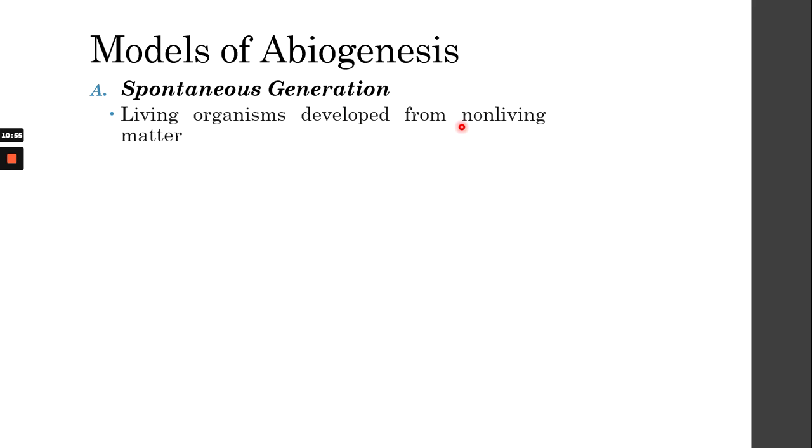So they believed you have a non-living matter there, a dead animal's meat, you can probably think of it in the kitchen, and then they just left it in there, and suddenly there are maggots in there. So that's what a lot of people thought in the beginning. And this is what spontaneous generation is. Living organisms develop from non-living matter.